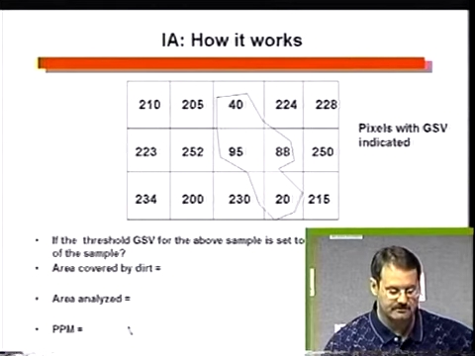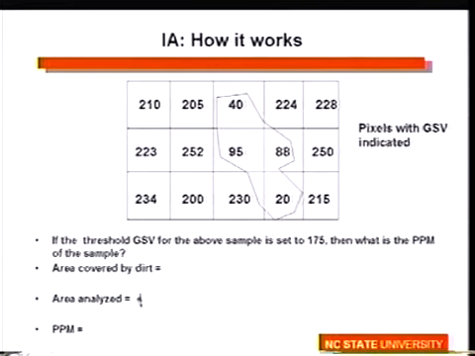I'll try the pen. First of all, we need to determine what the area covered by dirt is. Now we know our threshold grayscale value is 175, so we look and see that only these 4 pixels here have grayscale values less than the threshold. So we know that we have 4 pixels. So the area covered by dirt, we're just going to say it's 4 pixels.